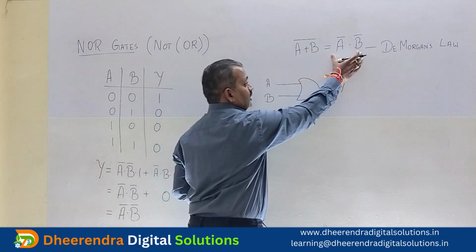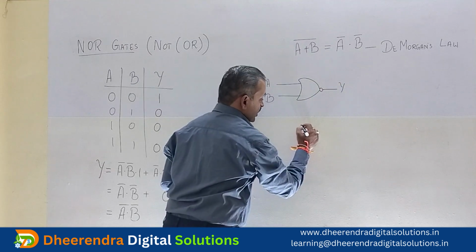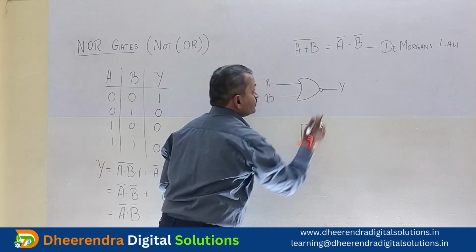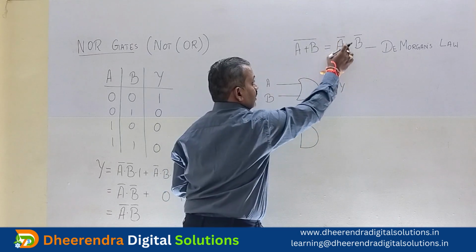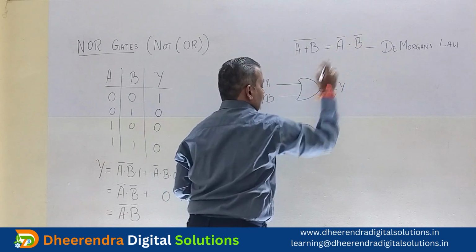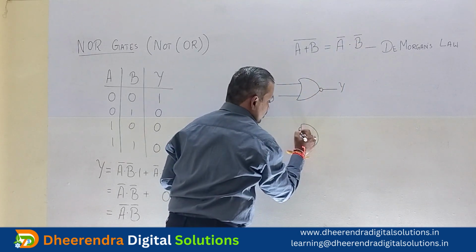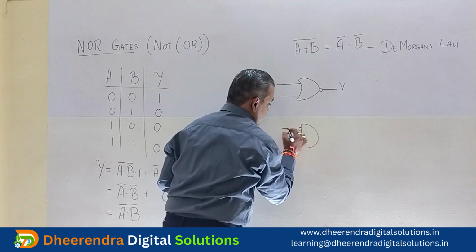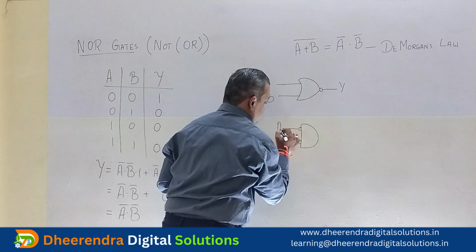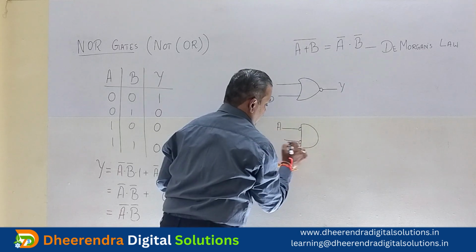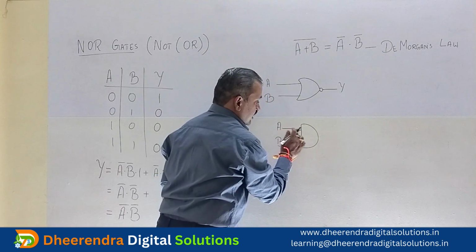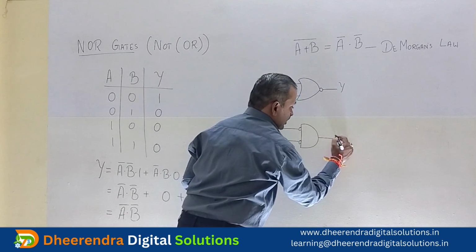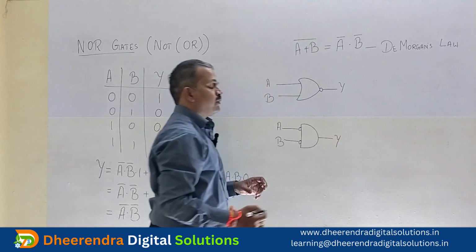But by looking at the second equation, what we can do is we have an AND gate, and before that we are going to NOT both the signals. So before feeding the signals to the AND gate, we have added a complement. A and B will be complemented and then ANDed together to get the output Y.